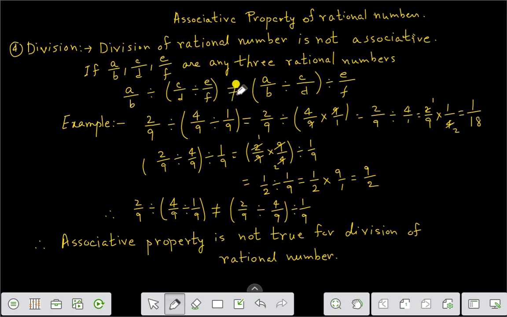What we get is that A by B divided by, in bracket, C by D divided by E by F is not equal to A by B divided by C by D, in bracket, divided by E by F. Therefore you can say that division of rational numbers is not associative.